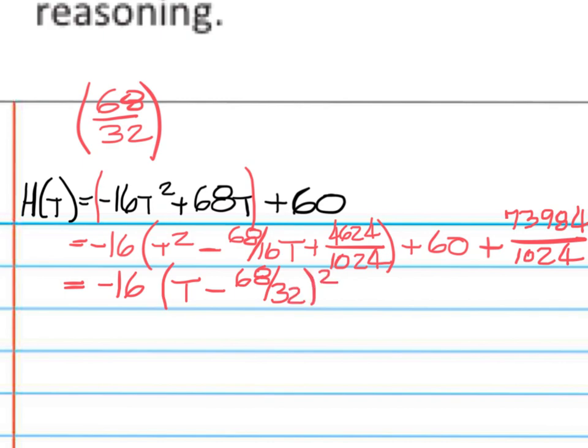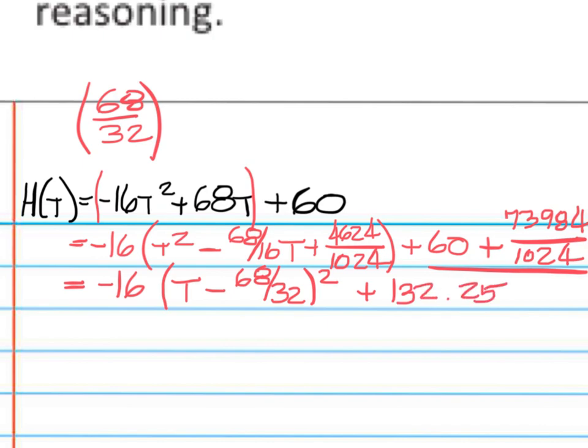And then with this out here, we can simplify that. We can do 73,984 divided by 1024. Get an answer for that and add 60 to that and come up with plus 132.25.